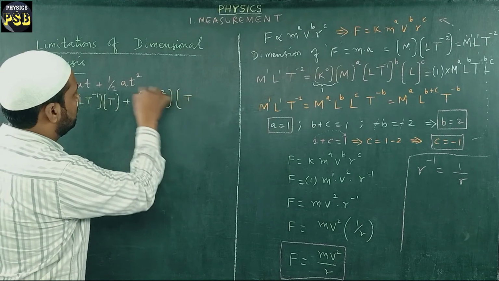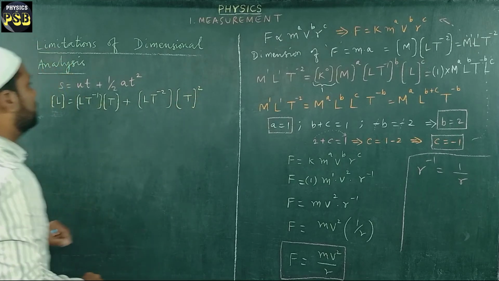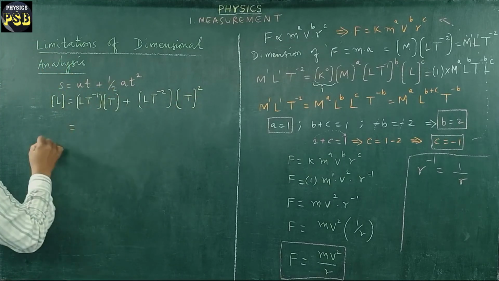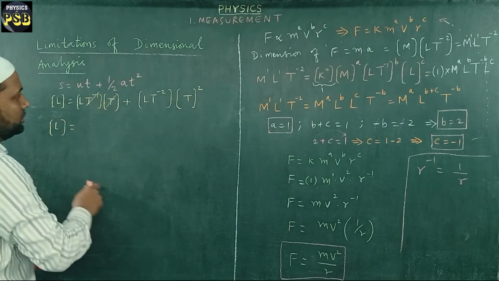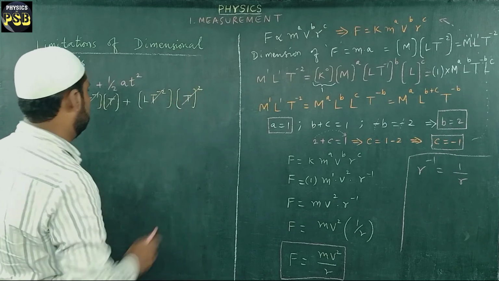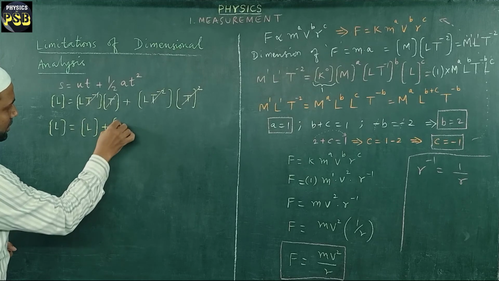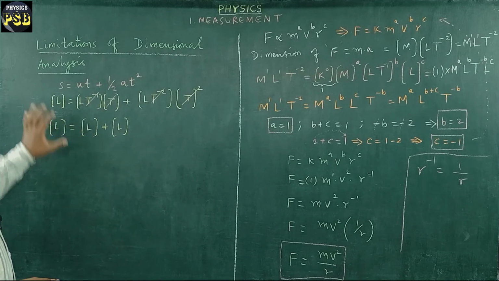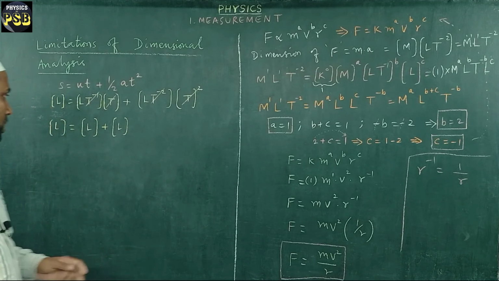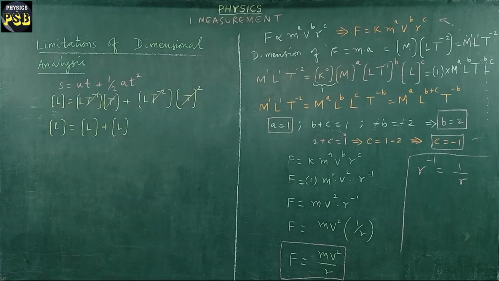Then for time we have to raise to power 2 according to the equation. Then see, this and this will cancel. What you obtain is this. Again for this part. So according to the principle of homogeneity, this equation is dimensionally correct because it has the same dimension on each side of the equation.